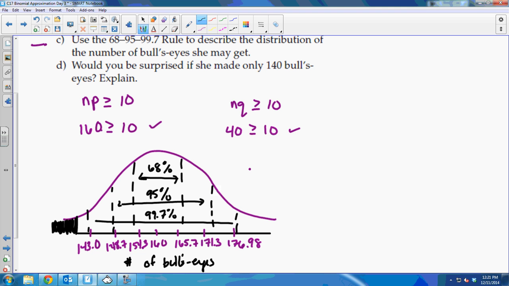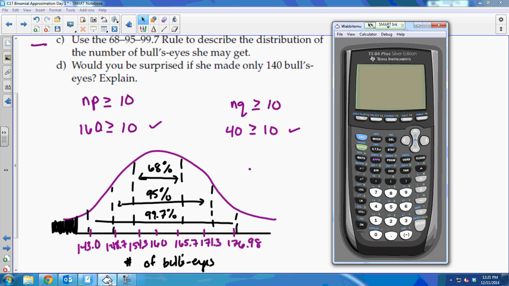So it's highly unlikely. If you're trying to find the actual probability, you could use normal CDF. Right? We can find a probability that way. That's going from negative infinity to 140 with a mean of 160 and a standard deviation of 5.7. So the probability is 0.0002, which makes sense.